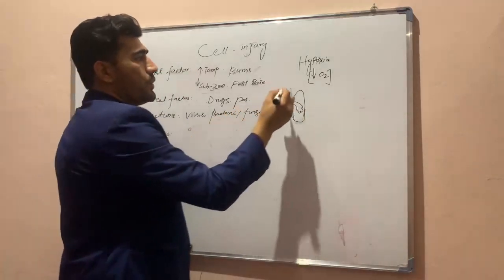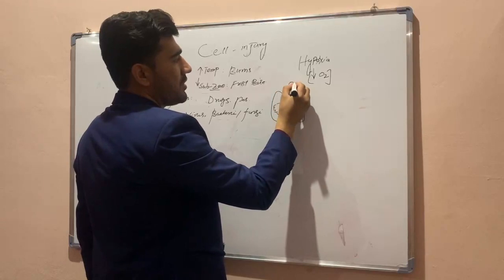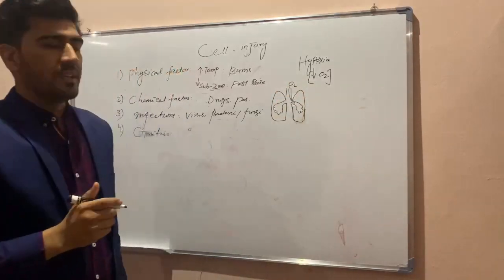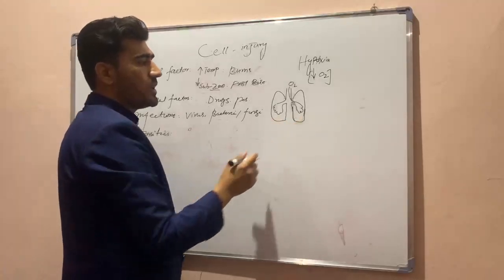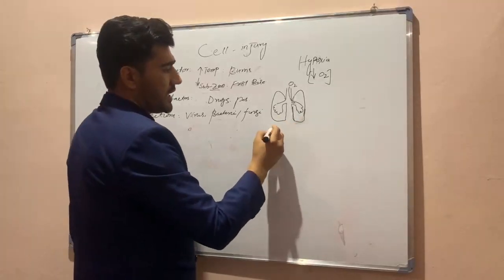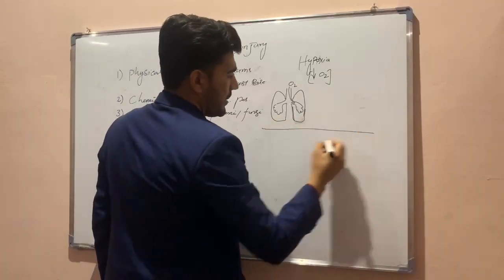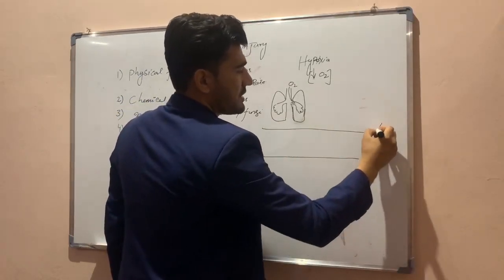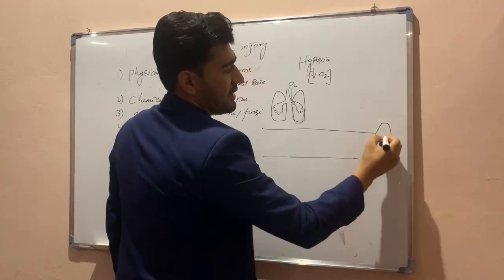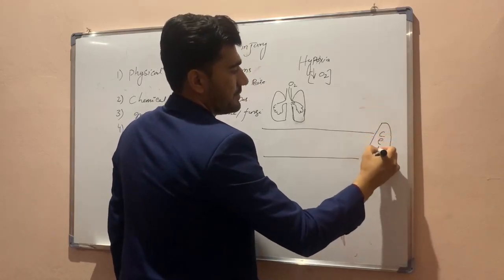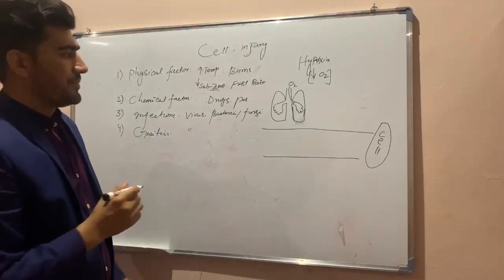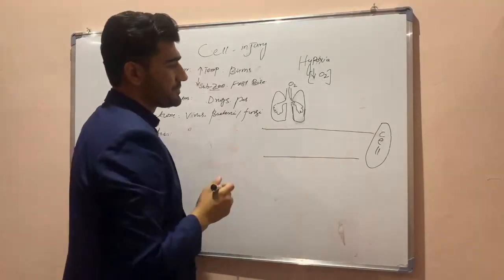Whenever we breathe oxygen, the oxygen comes to the alveoli, and from the alveoli it diffuses to the blood vessels, and from the blood vessels it is carried to the cell. For example, it is a cell, so it is going to the cell through the blood.